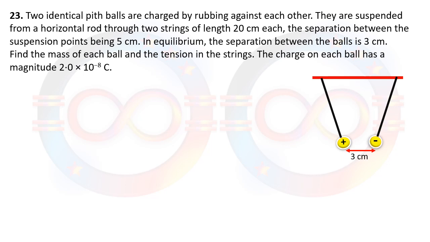So distance is going to decrease because of the force of attraction. Now we have to calculate the mass of the object as well as how much tension is going to develop in the string. The charge on these particles is already given, 2 into 10 raised to minus 8 coulomb.